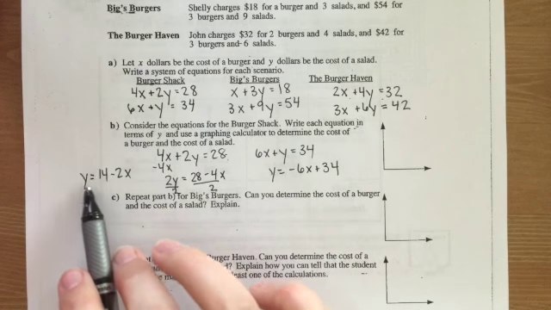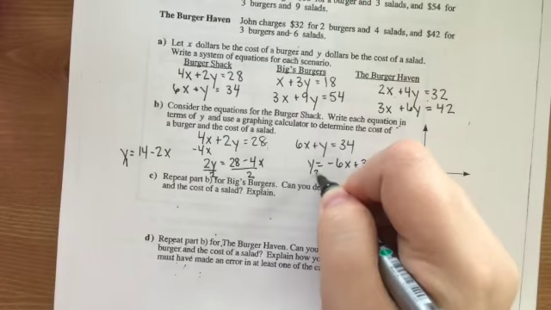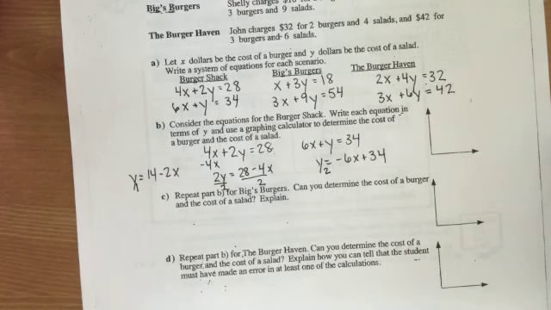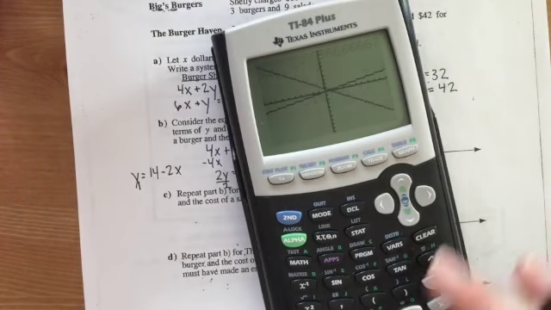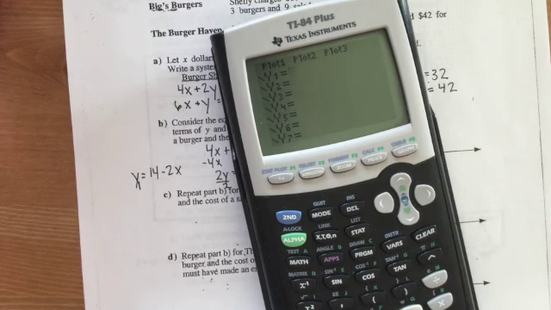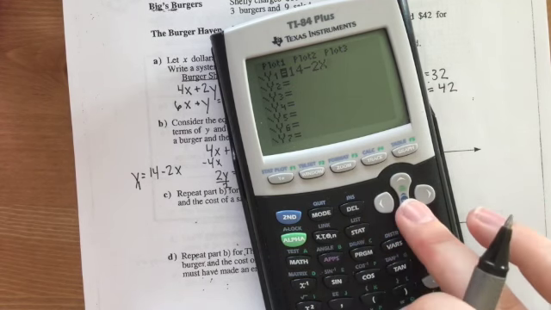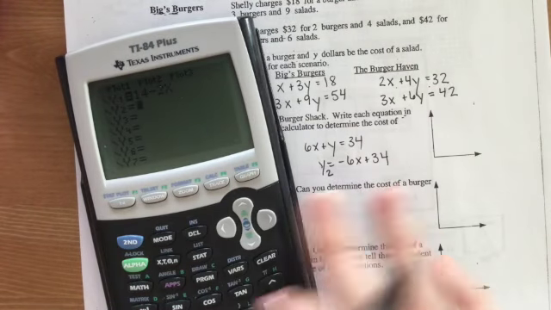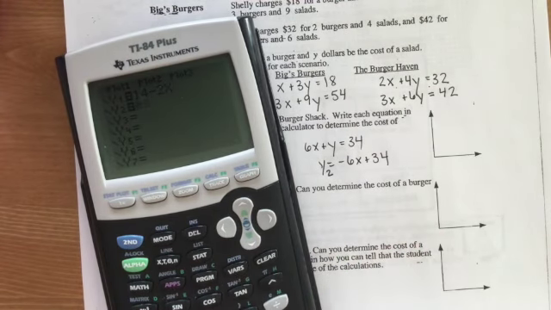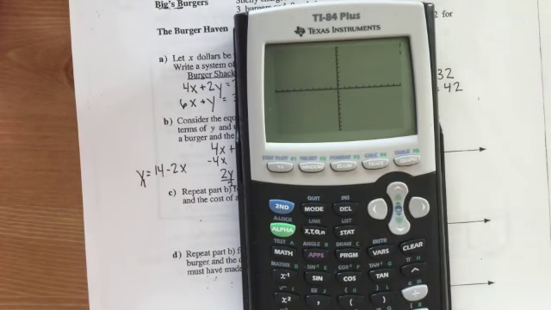So I have 2 equations in terms of y. I'm going to let one be y1 and one of them be y2, and enter them in my graphing calculator. In y1, you can see our work from the last lesson, 14 minus 2x, and y2, negative 6x plus 34. I'm going to graph them to see if they intersect.